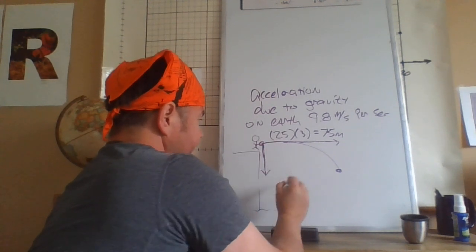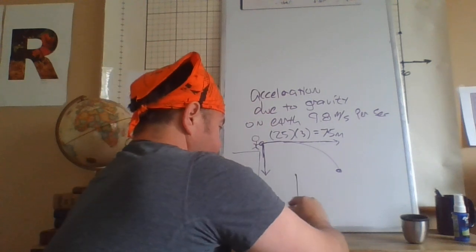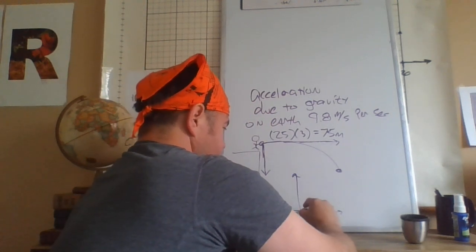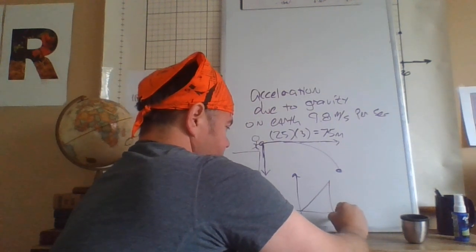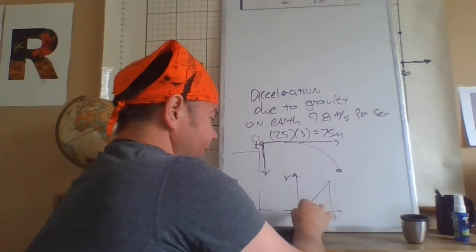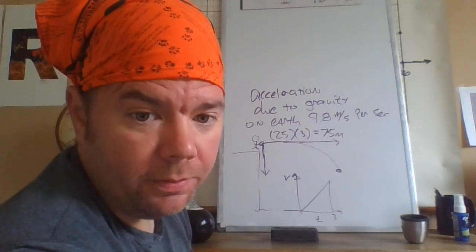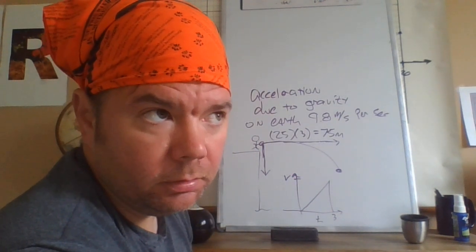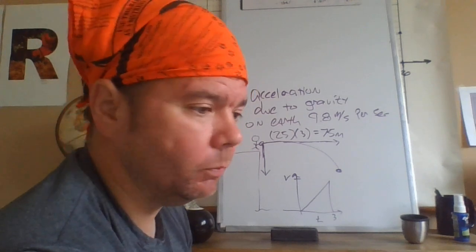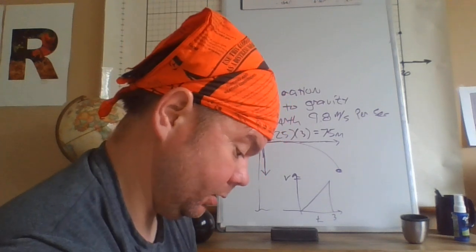That's a little bit trickier because it's accelerating. If we just do the graph thing, the time that it's falling is 3 seconds. This is a velocity time graph. The time that it's falling is 3 seconds. We know that after 3 seconds, the velocity was 9.8 times 3, 29.4, right?